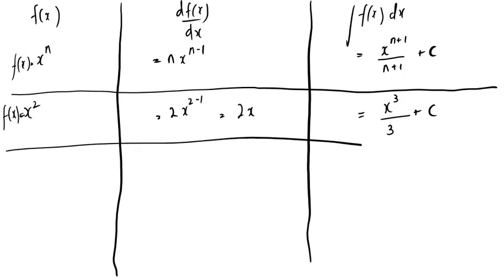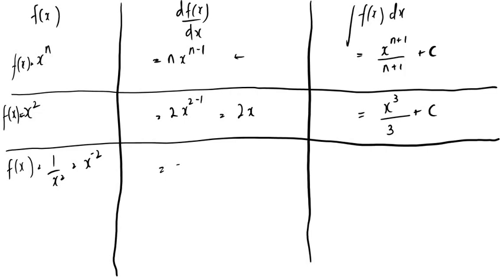Next, let's look at the function f(x) equals 1 over x squared. This is equal to x to the power minus 2. Here n is equal to minus 2, so we multiply by minus 2, then x, and then subtract 1.